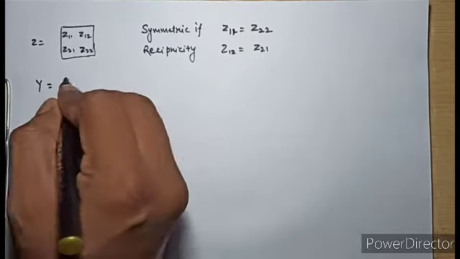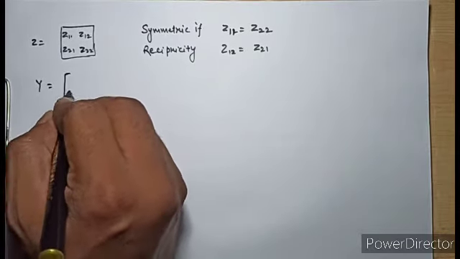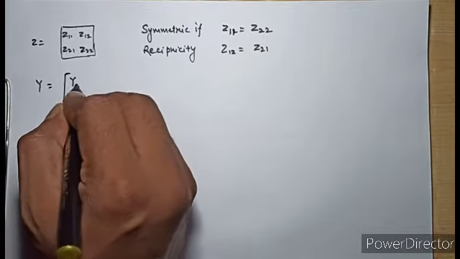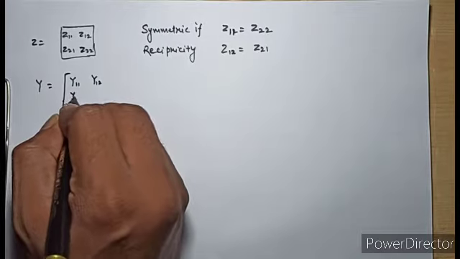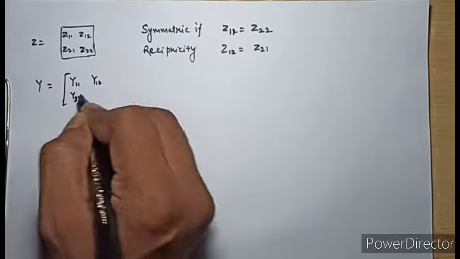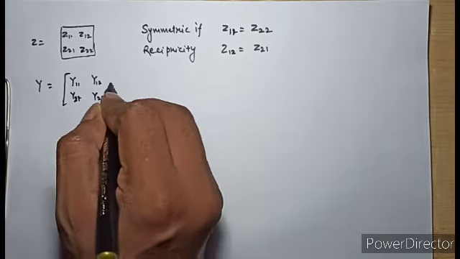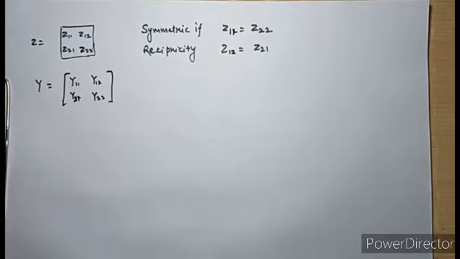Now for the admittance parameter, if it is given like this, Y21 and this is Y22, right?